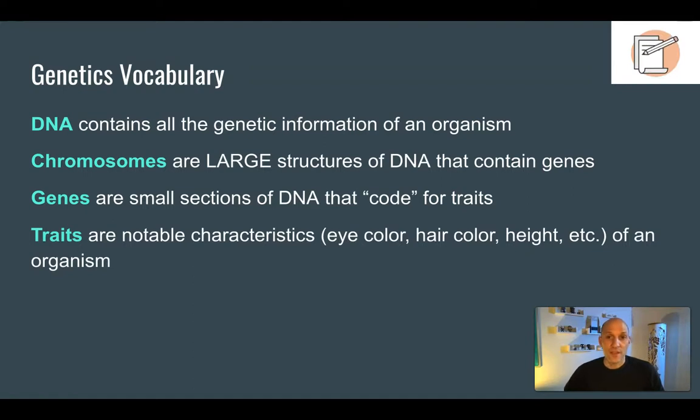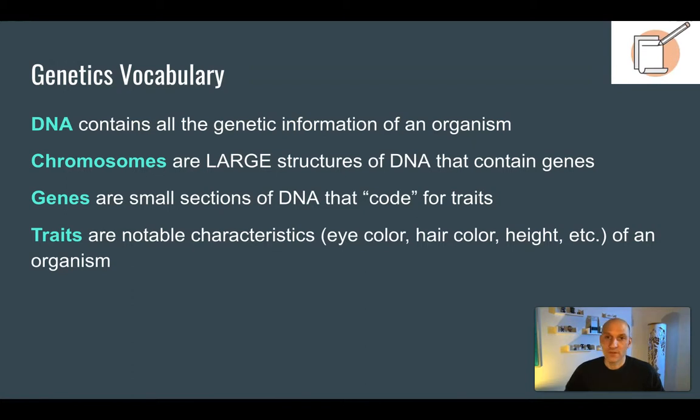Speaking of traits, traits are notable characteristics. It's the things we can see or observe about an organism. It might be things like eye color or hair color, height, speed, something about their metabolism. It's something notable that we can observe.